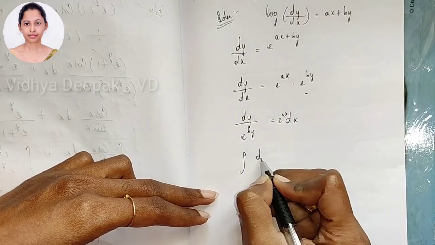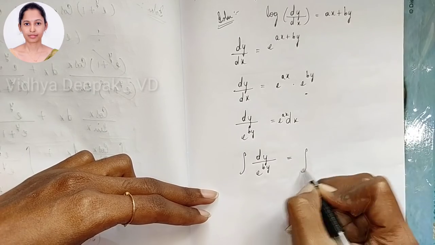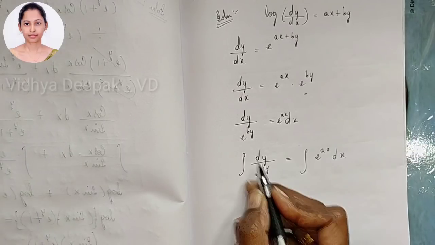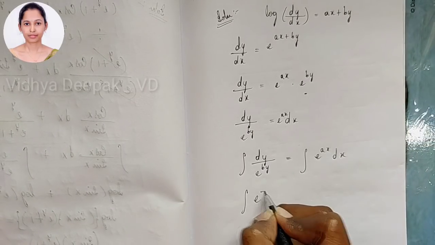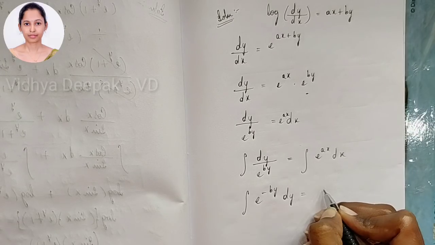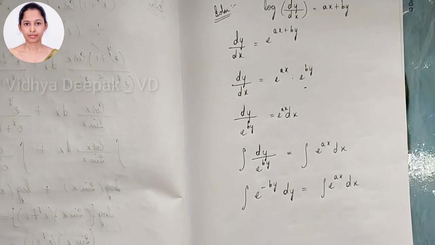Integral of dy by e to the power of by is equal to integral of e to the power of ax dx. Here this can be brought above, right? So this can be written as integral of e to the power of minus by dy is equal to integral of e to the power of ax dx.